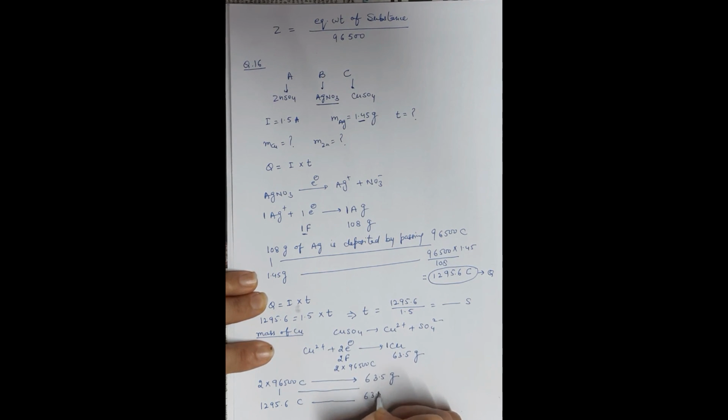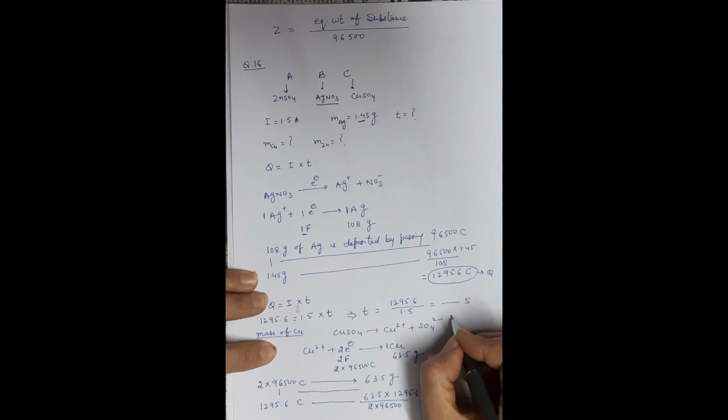It is 63.5 divided by 2 into 96500, into 1295.6, and you will get some amount of copper deposited, in grams. Exactly on the same lines, you can calculate for zinc also.